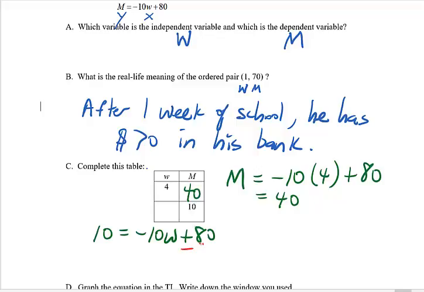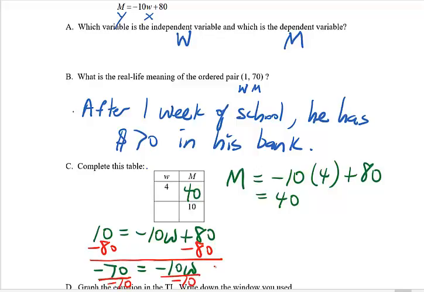So I'll subtract 80 on both sides. That leaves me negative 70 equals negative 10W. I'll divide both sides by negative 10. And that gives me W equals 7.